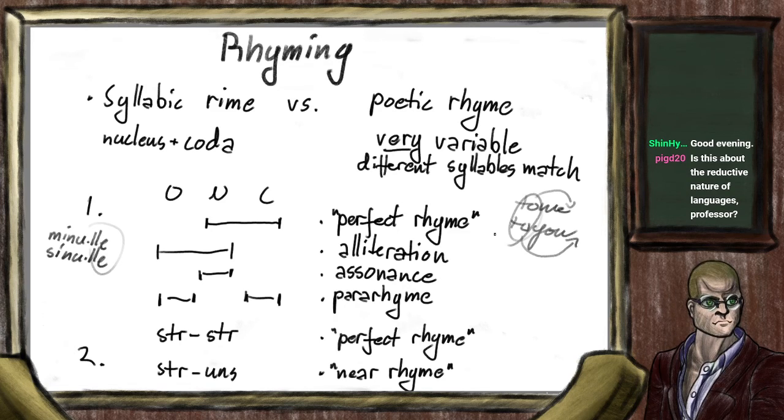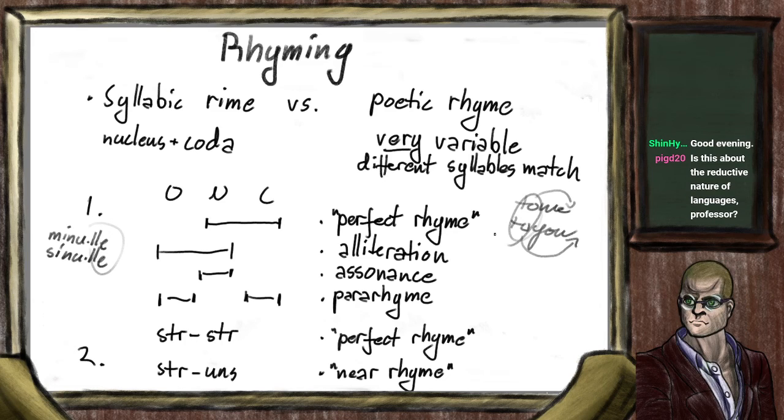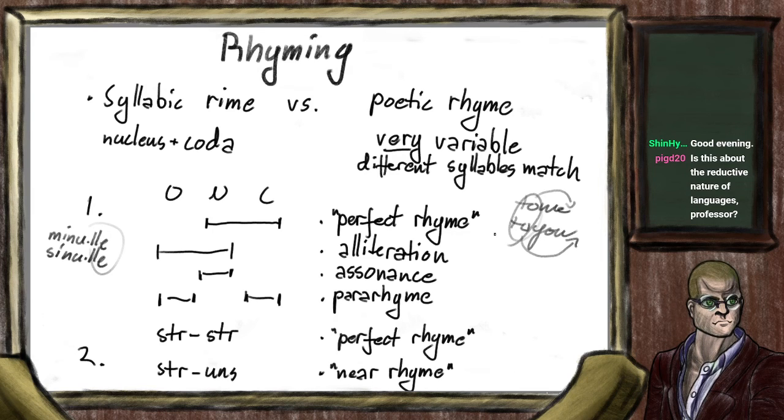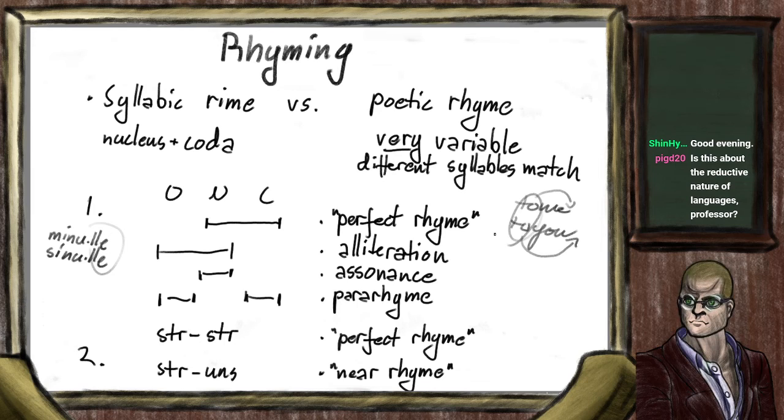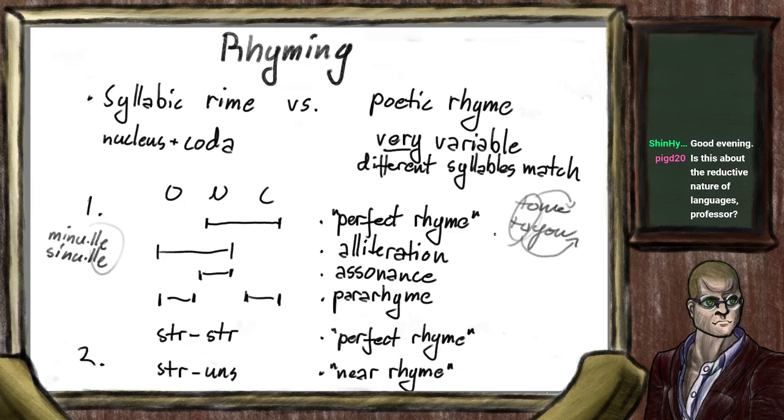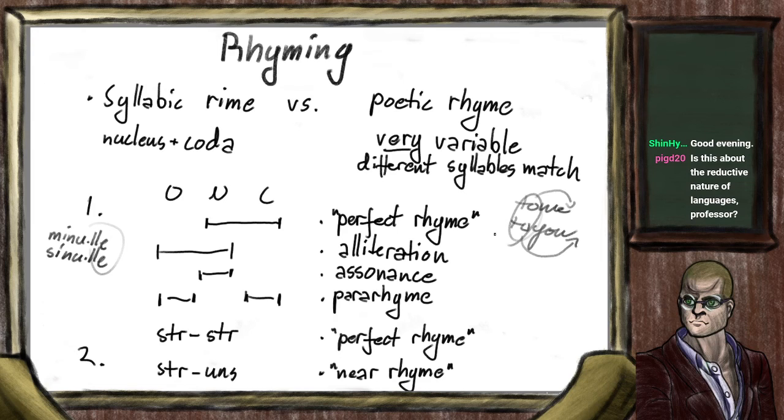So in a language like this, the so-called perfect rhyme is useless. If you take this as a way to rhyme words, then you can rhyme any words, as long as you are using them in the same grammatical construction.